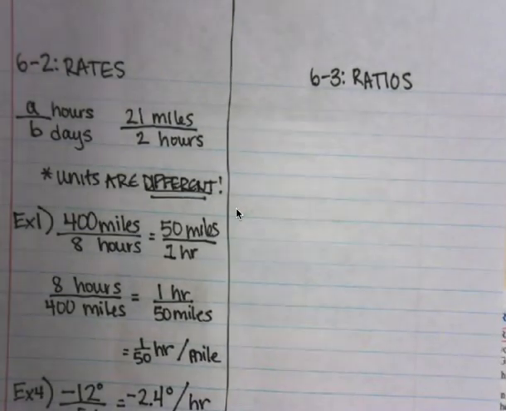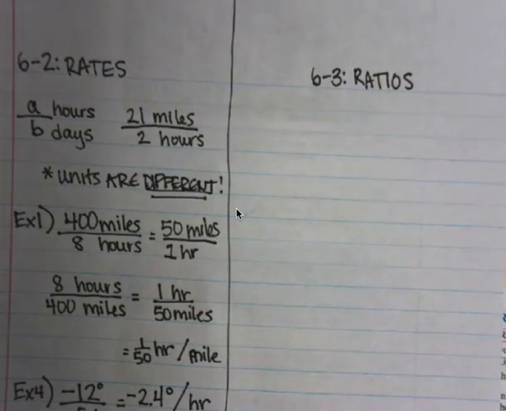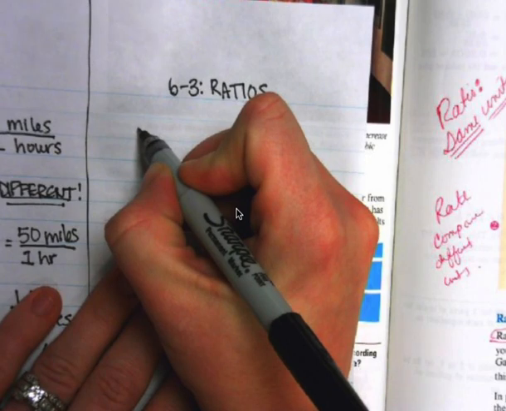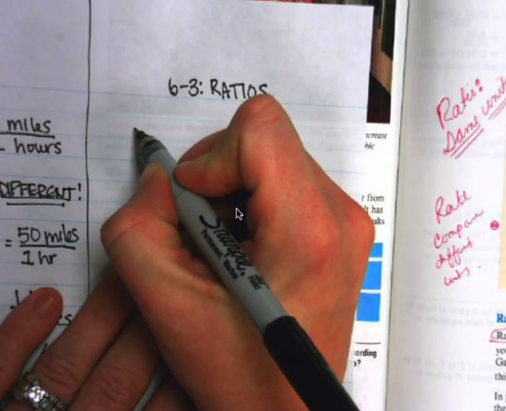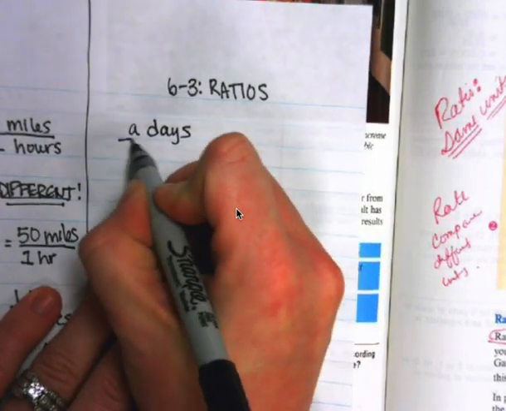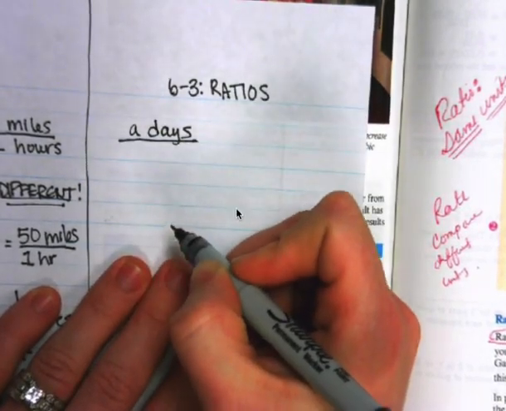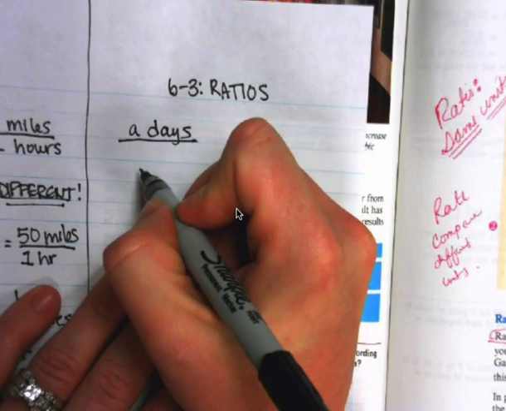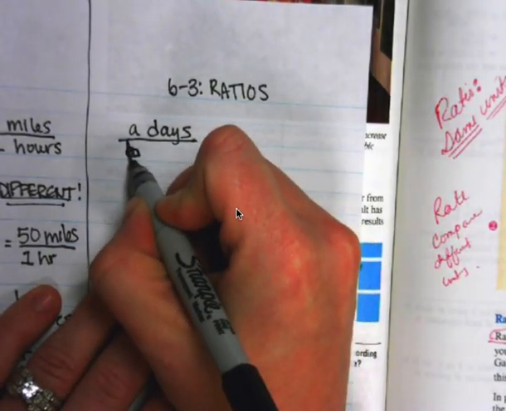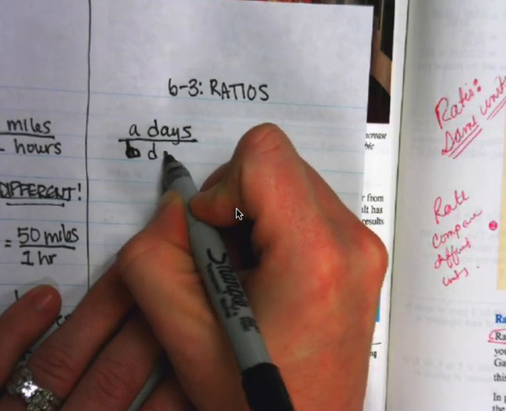Okay, when we're talking about a ratio, we are making a comparison, but we're making a comparison with units that are the same. So maybe I would say I want to compare the number of days that it takes me to read a book compared to the number of days it takes me to watch a movie.